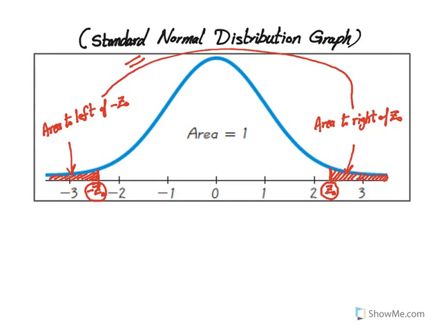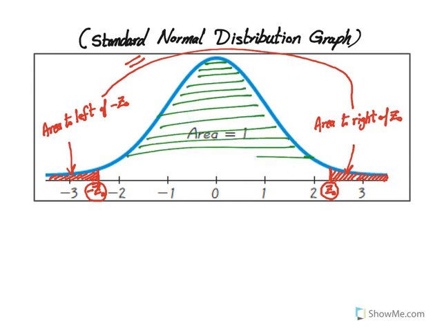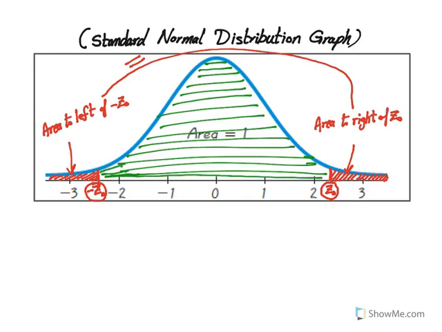Now, the question is asking you to find the area between them. So it means that you need to find this green area that I'm drawing right now, the one in between the two. And the total area is 1. The green and the two reds, the area is 1. So look at this.